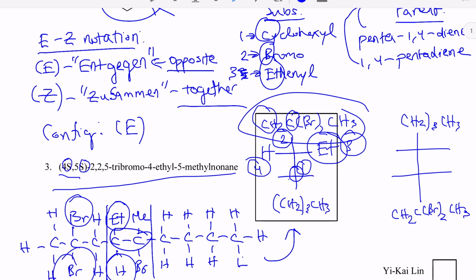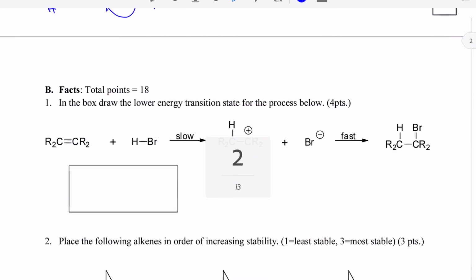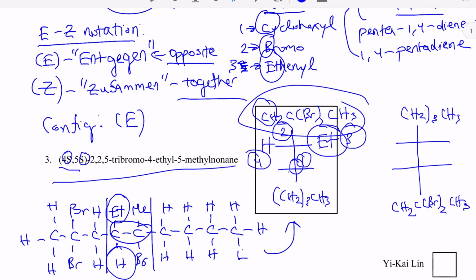You can see that in the skeletal structure as well. In the ethyl group, there are no bromo groups attached to the second carbon. It's only hydrogens. So that tells you right away that it's the carbon atom with the second highest priority. And that's how we get our order.